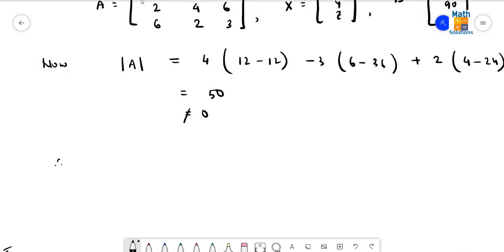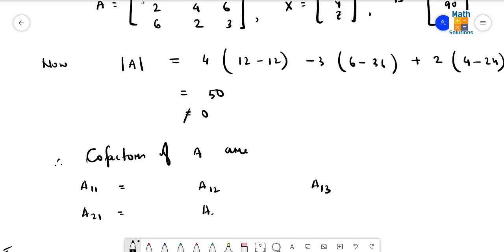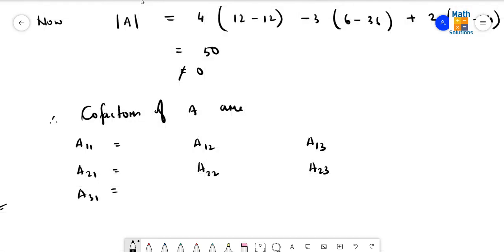Therefore cofactors of A are A11, A12, A13, A21, A22, A23, then after A31, then there comes A32, then after A33.